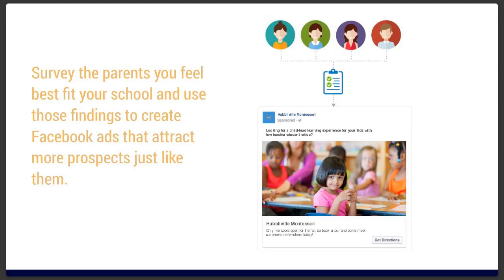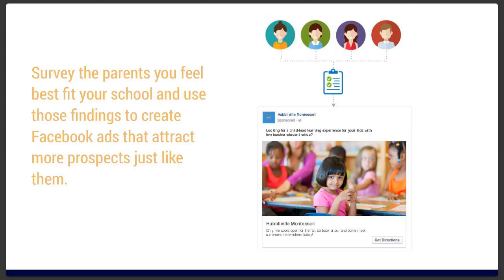You want to pick out those parents you'd essentially like to clone, and survey them. You want to understand exactly how they would phrase the value that their child and their family gain from having their children enrolled in your school.